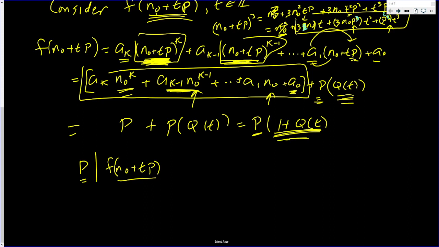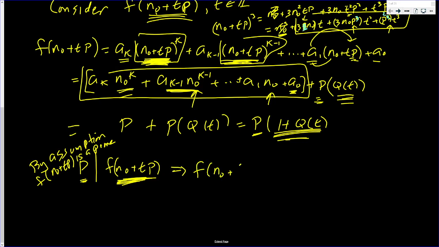Now, since p is prime, and by assumption f of n0 plus tp is a prime, this implies that f of n0 plus tp is that same p.